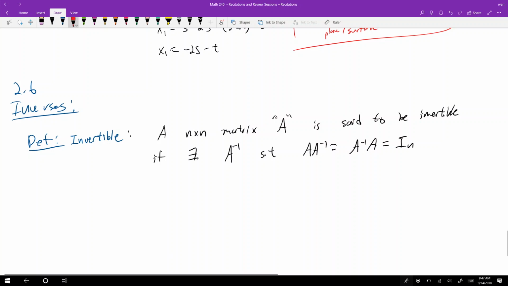And A inverse is also an n by n matrix as well. So we're only talking about square matrices here. And then we say that A inverse would be the inverse matrix.